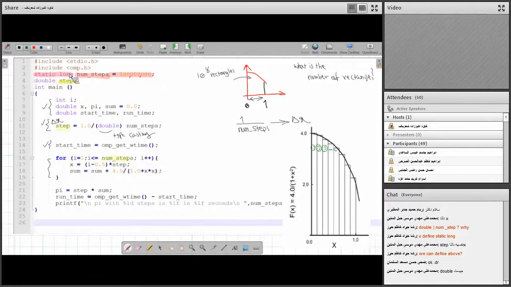Okay, how to calculate the area of the first rectangle? The first step is defining the x.